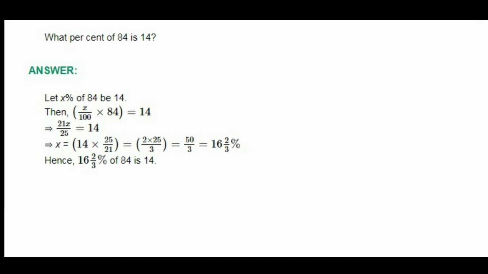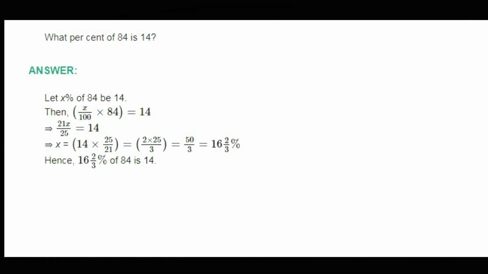So 14 into 25/21 comes as 50/3, which is an improper fraction, and if we convert it into a mixed fraction, it comes as 16 2/3%. So 16 2/3% of 84 is 14.